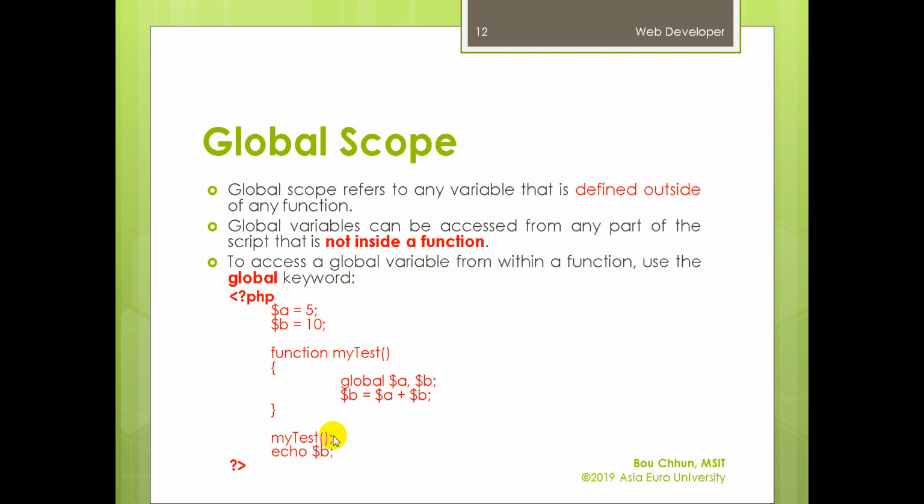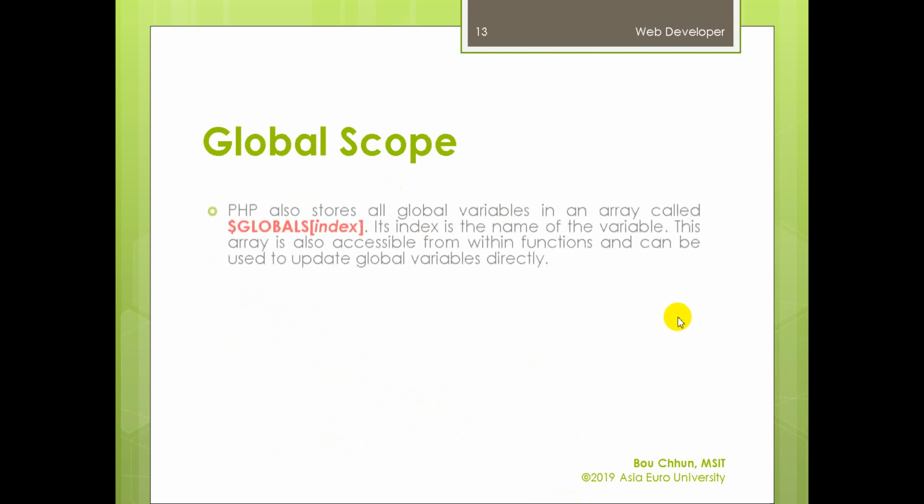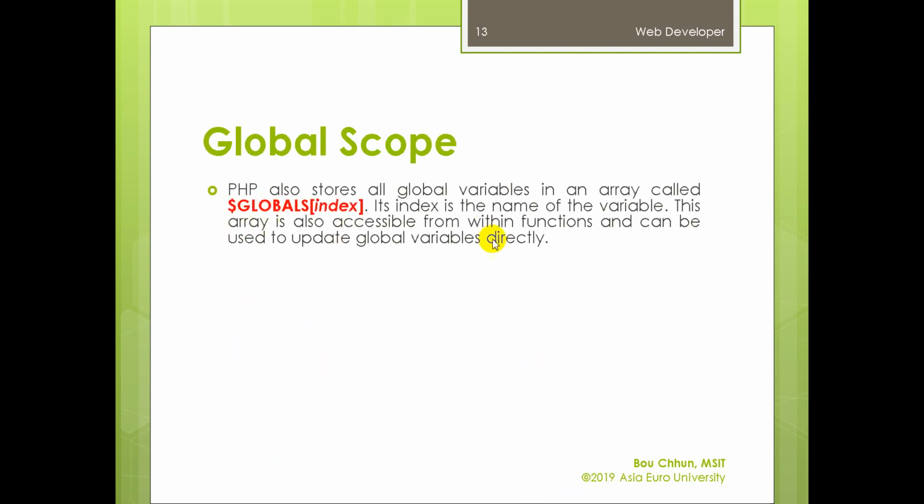In function my test, and the scope of the variable, another way is to use the array called globals, where the index is the name of the variable. This array is accessible from within functions and can be used to update a global variable directly.